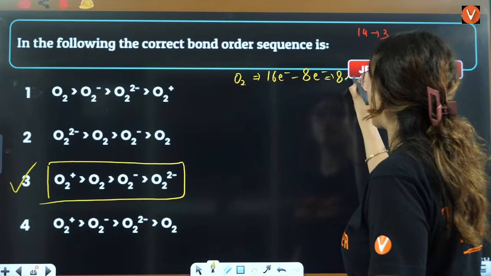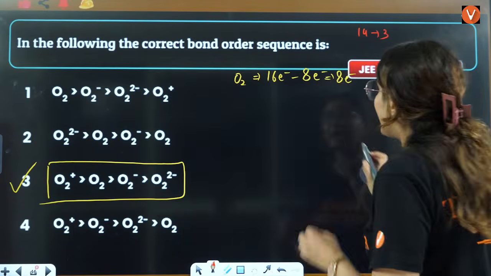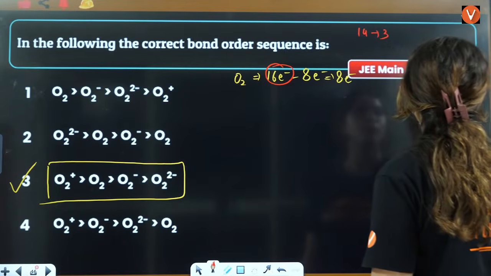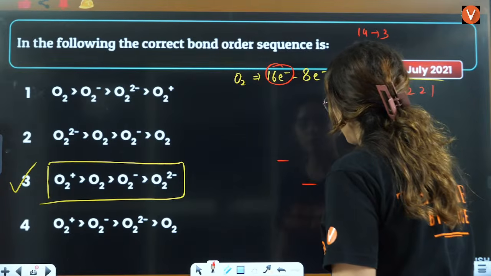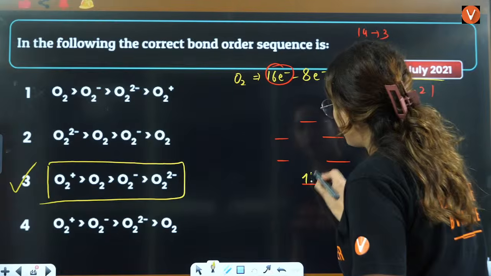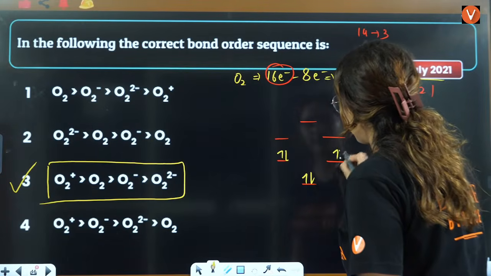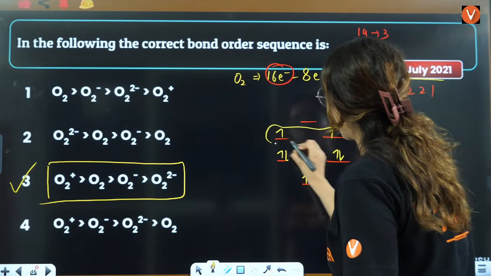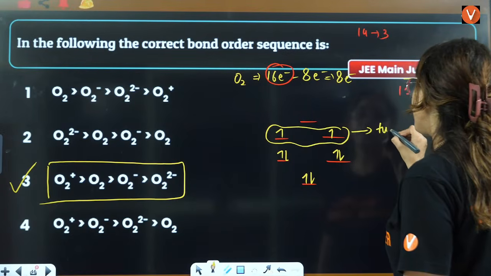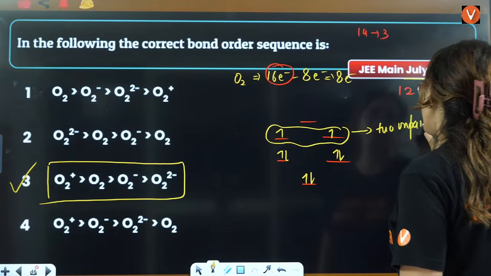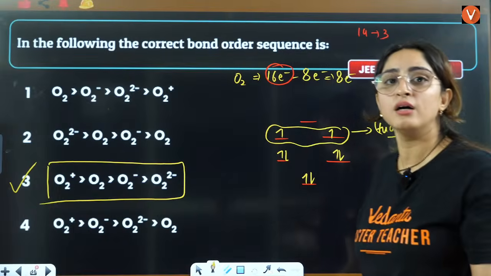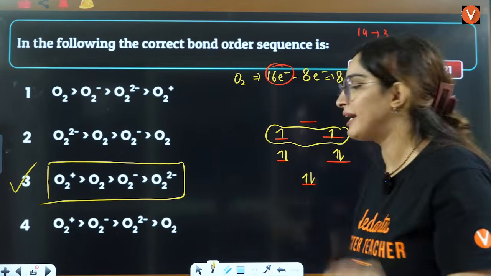You have 8 electrons. Now we know that it has more than 14 electrons, so the order will be 1, 2, 2, 1. So you have to fill 8 electrons: 1, 2, 3, 4, 5, 6, 7, 8. And this question is asked so many times, that the two unpaired electrons in case of O2 lie in the pi star anti-bonding orbital.